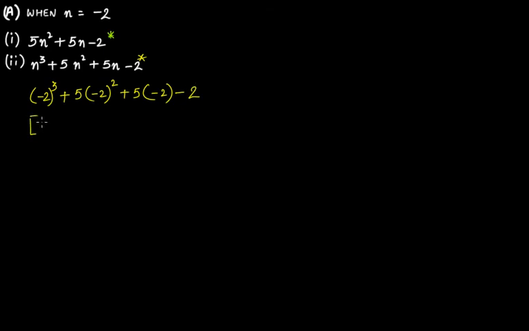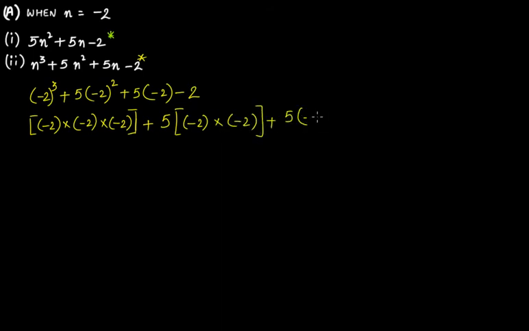So this becomes minus 2 times minus 2 times minus 2. Then this is 5 times minus 2 times minus 2. 5 times minus 2 and minus 2.